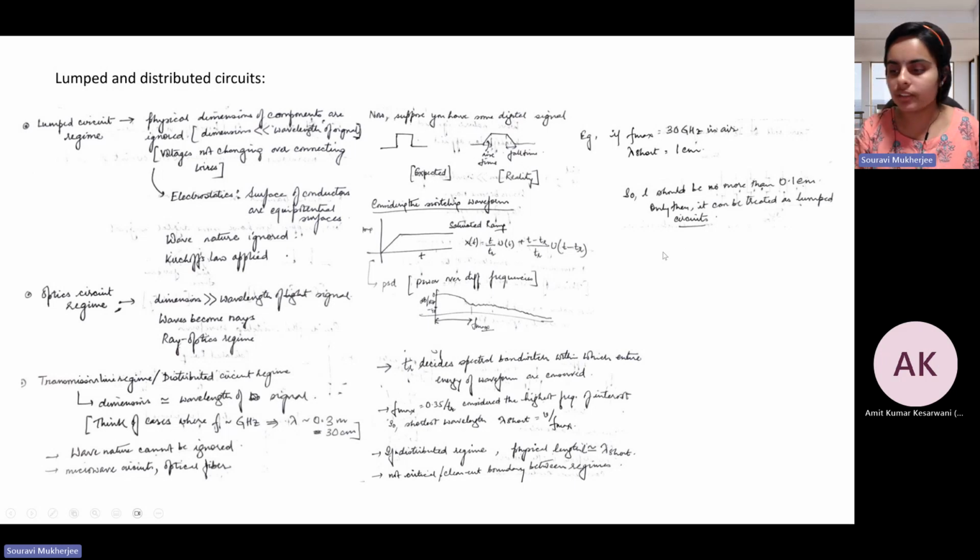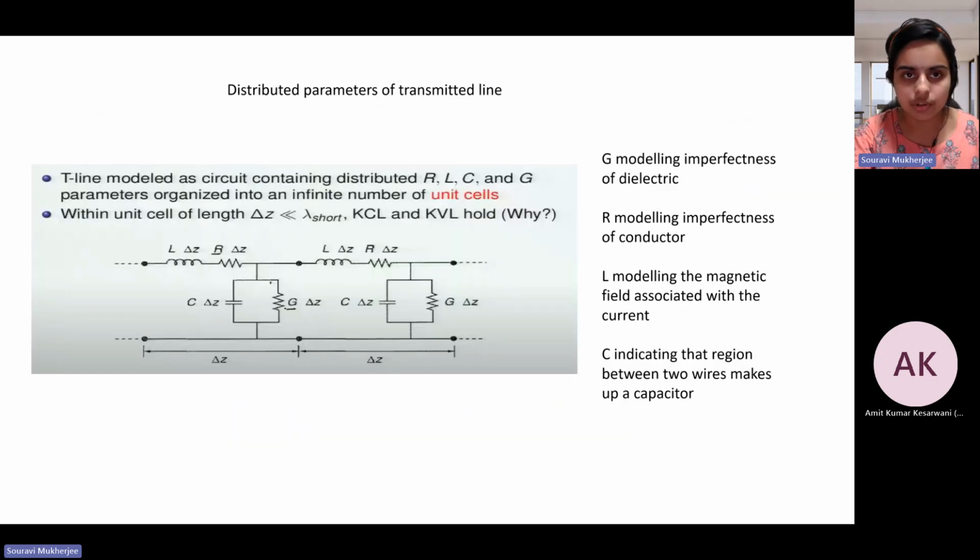So this is what it is basically about, whether your circuit is in the distributed regime or in the lumped circuit regime. Now, you have to take into consideration the fact that the wires that connect your signal will have some effect. So what can the effect be? This is how you model the effect of your connecting wires or components.